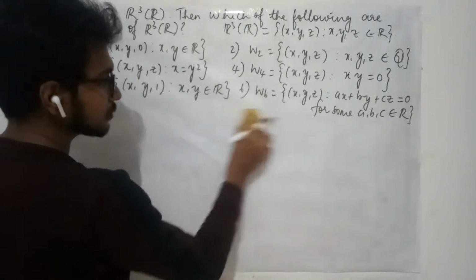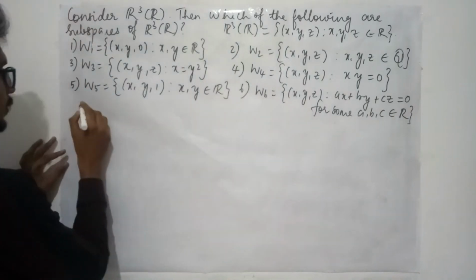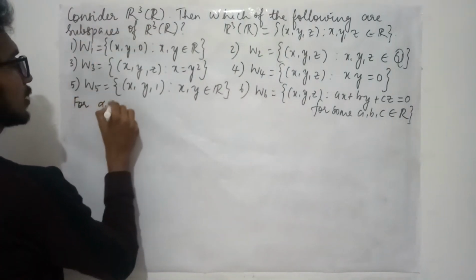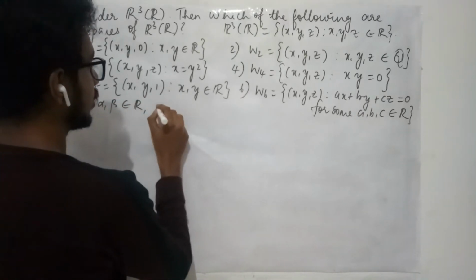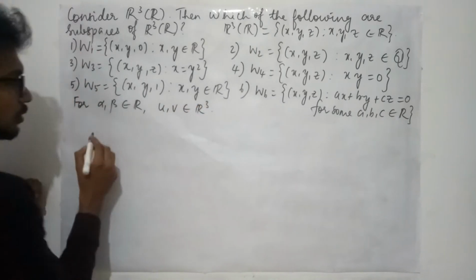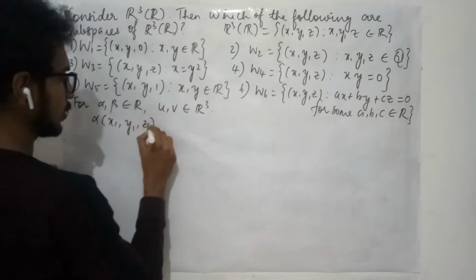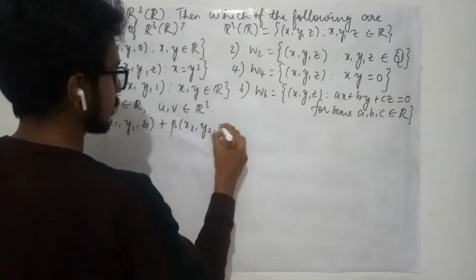So generally, let us write what it is. Here scalars are to be taken from the set of real numbers and vectors are to be taken from R3, right? So let me write alpha times x1, y1, z1 plus beta times x2, y2, z2.